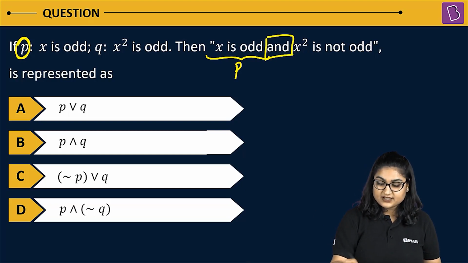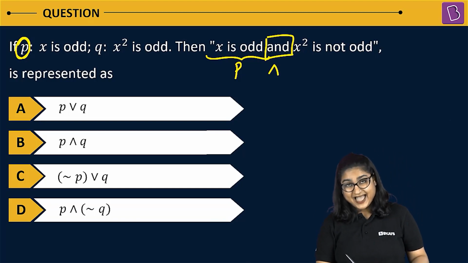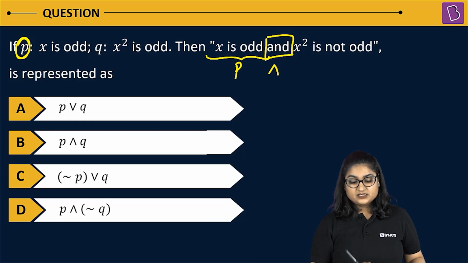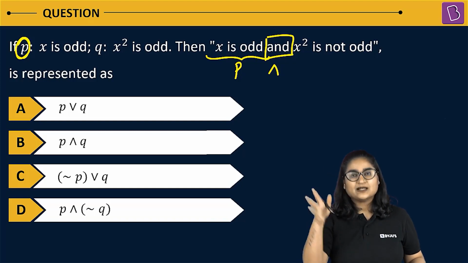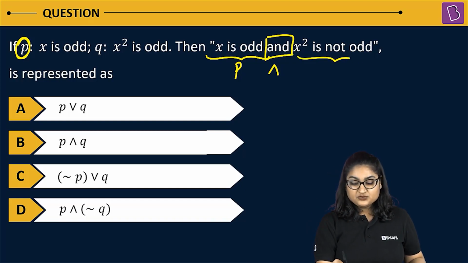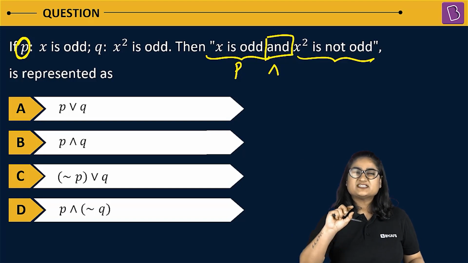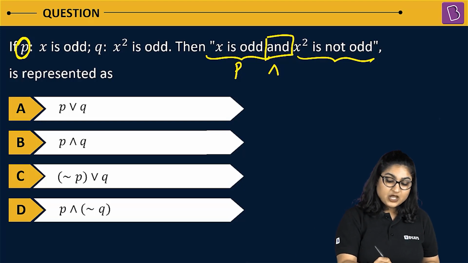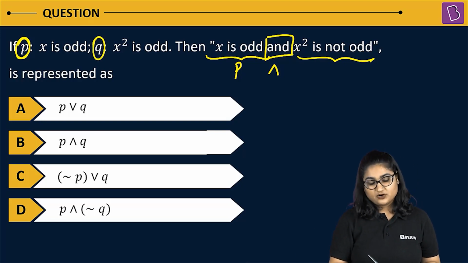Here we have a connector, and that connective is AND, which is represented by this caret sign. And here we have got P and something. Now, the part 2 of the compound statement states that x square is not odd. Now, Q states that x square is odd. Here it is given x square is not odd.